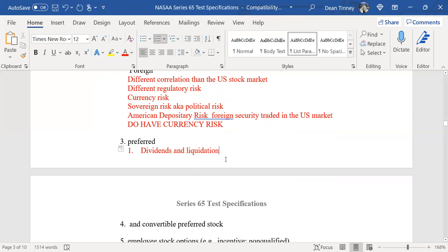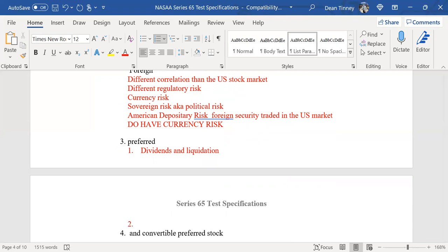Now, the dividends you're going to be receiving are stated as a percentage of par. And so that means if it's a 6% preferred, for example, that 6% is based on par. Very important. Par in preferred stocks is 100. So that's going to be 100 times 6%.